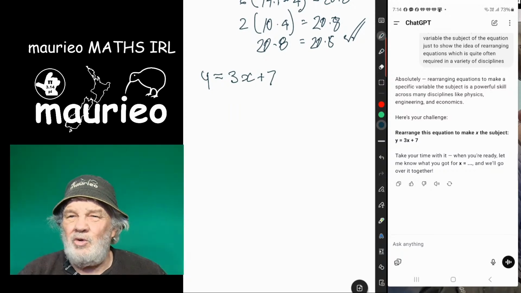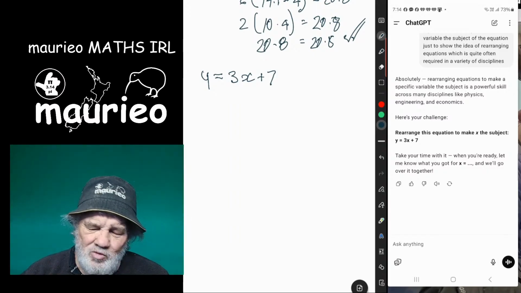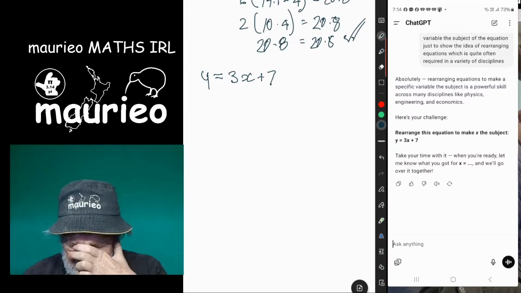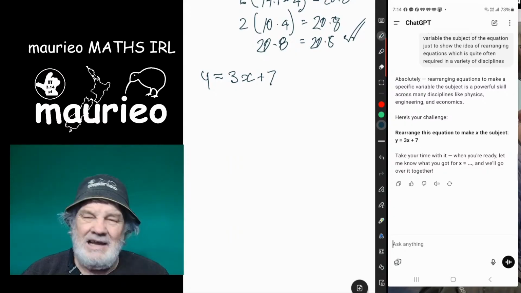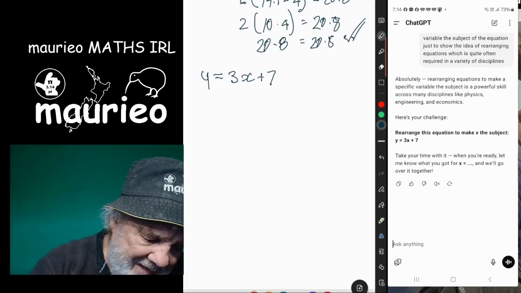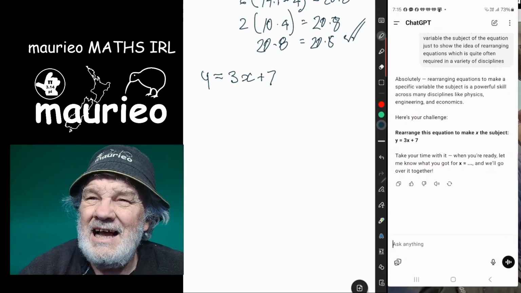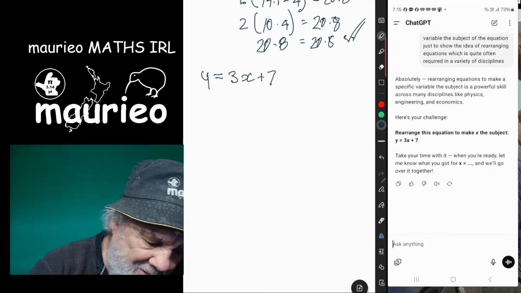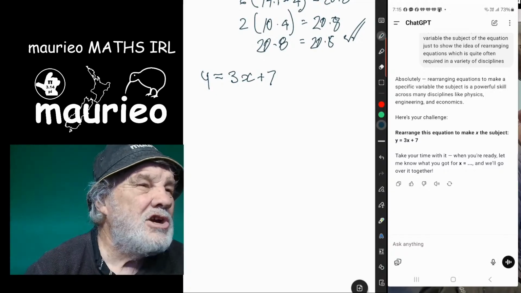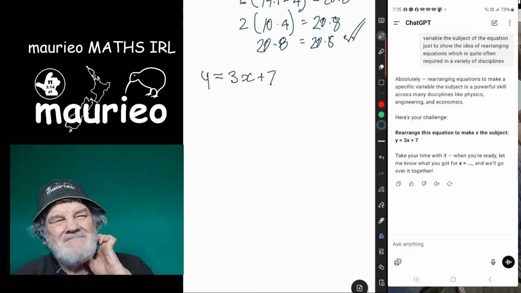What you have to do is rearrange the equation so that x is the subject. At the moment, y is the subject of this, so that's what y equals. But let's say we know what y is, and we want to find out what x is.